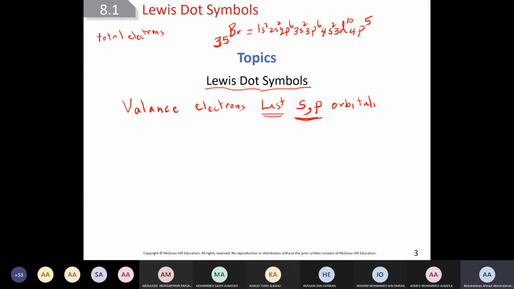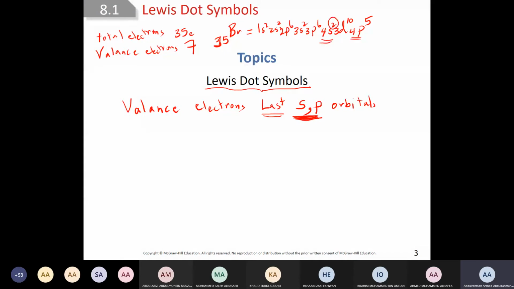35. If it's Br without any charge, it will be 35 electrons. How many valence electrons do we have? 7. That's why I wrote 7 there. Why are we saying 7? Because the last s and p have 7 electrons. Group 17 bromine is 4s2 plus 4p5, which is 7.